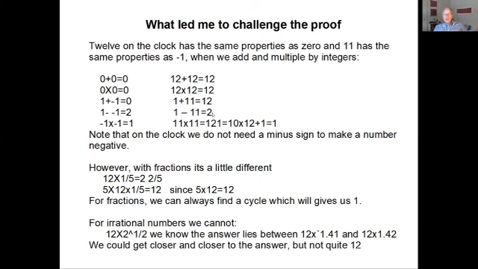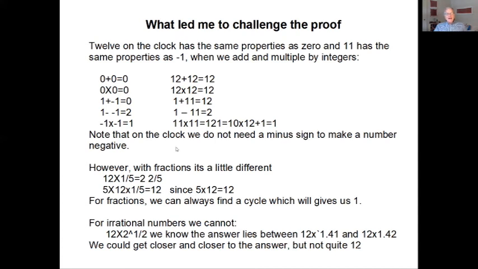But you add 2 to 11, and you get 13, which is 1 o'clock. And this one is the one I loved. A negative times a negative number is a positive number. 11 times 11 is 121. But that's around the clock 10 times with 1 left over. Whoa, this is really what impressed me.